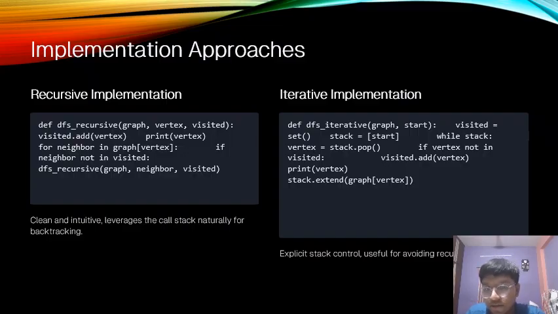But generally we should know what DFS is. There are two types of implementation. First one, recursive, leverages the call stack for natural backtracking. Second one, iterative, uses an explicit stack for control and avoids recursion. So these are both implementation approaches. Let's go to the next slide.